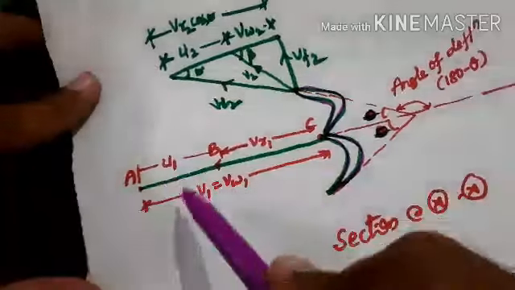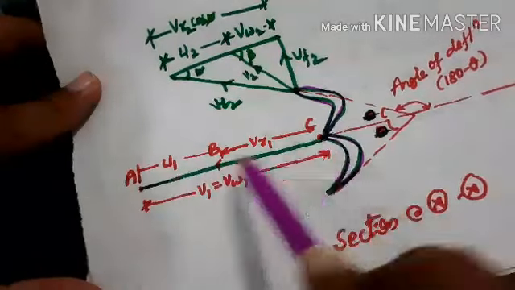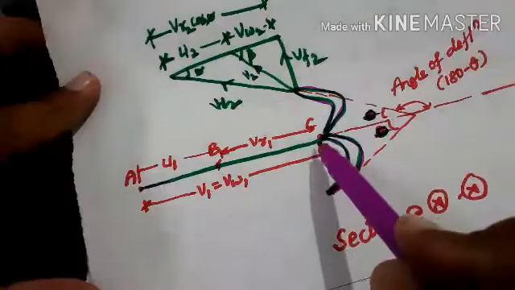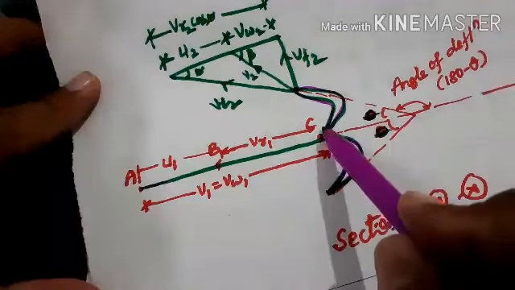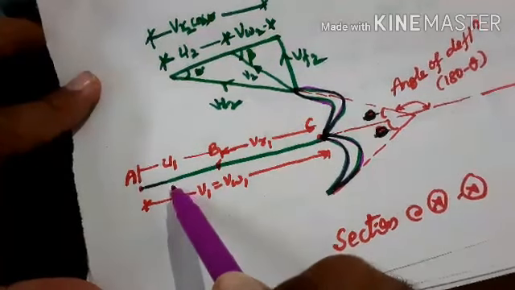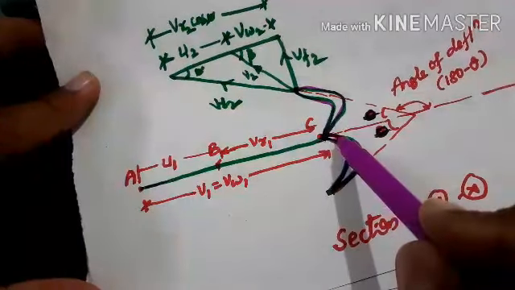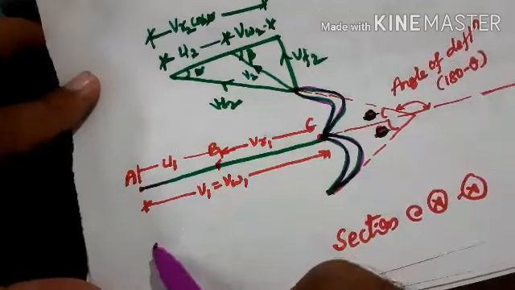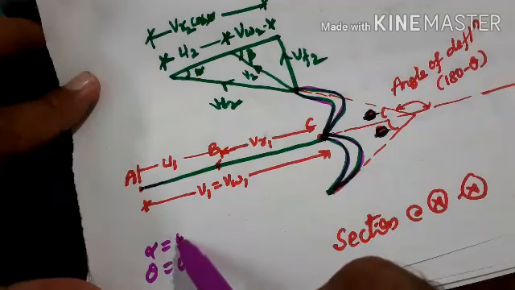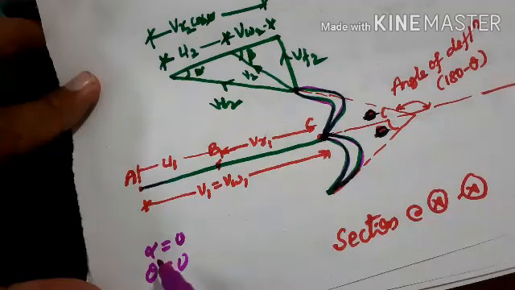Now the inlet velocity, this is the inlet velocity triangle, which represents the straight line. Since the jet is striking the bucket at the center of the bucket, and that too at splitter, and it is striking tangentially, where alpha is equal to 0 as well as theta is equal to 0. So what do we mean by alpha here?